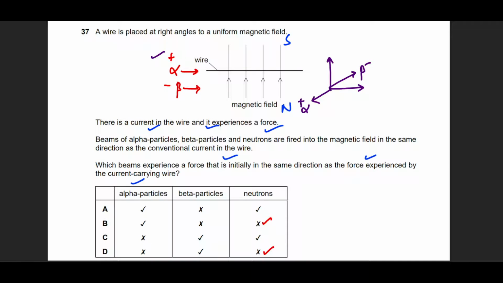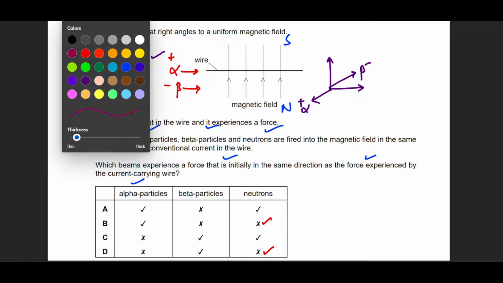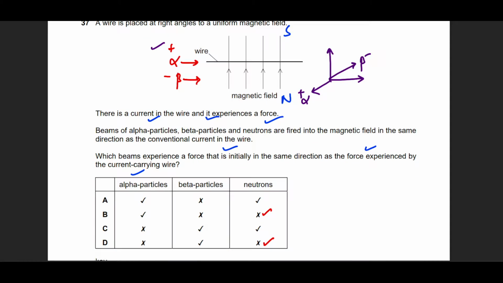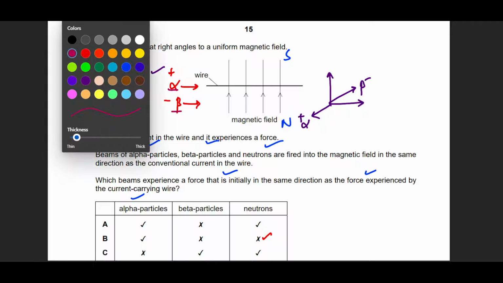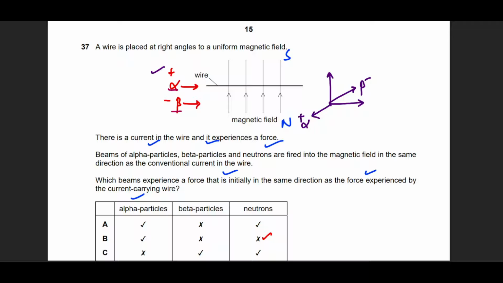The problem you will face at this point is that he's not asking about the direction, he's asking about the direction of the current carrying wire: out of beta, alpha or neutron, which of the particles will experience a force in the same direction as the wire would have experienced. You see, in physics, whenever we talk about the current carrying wire, we're always talking about the conventional current.